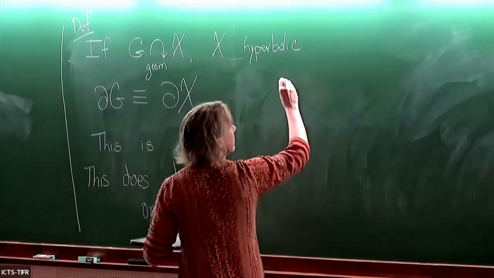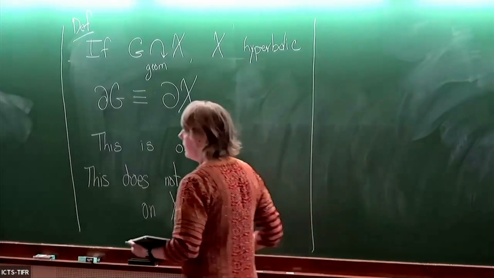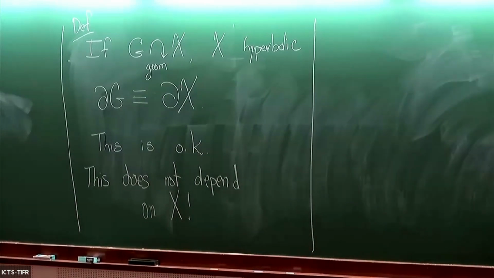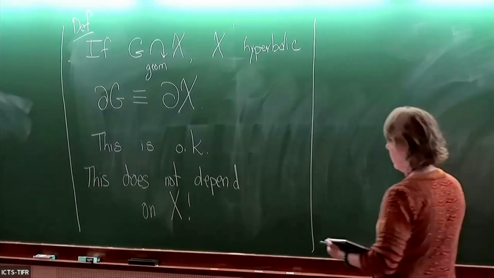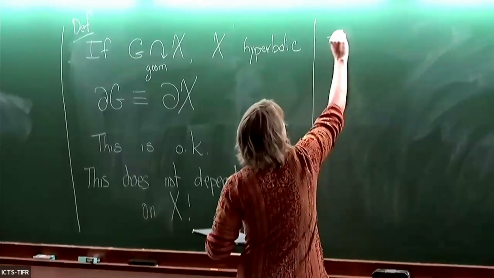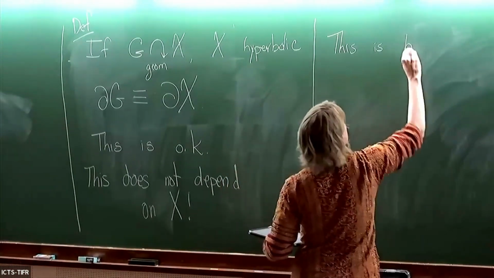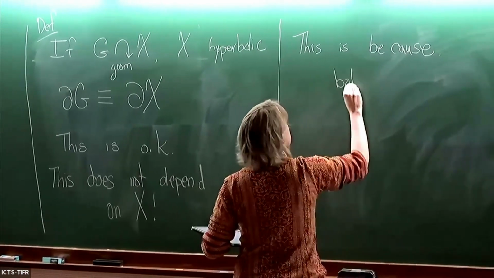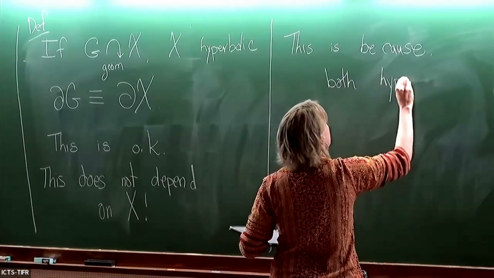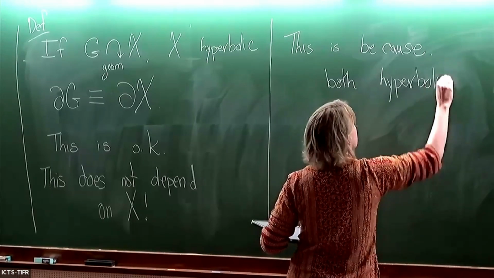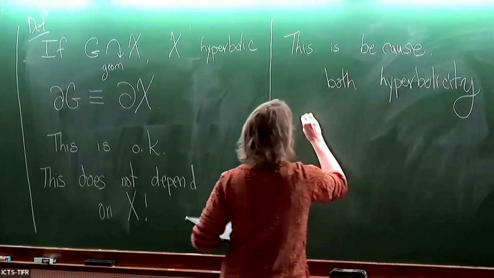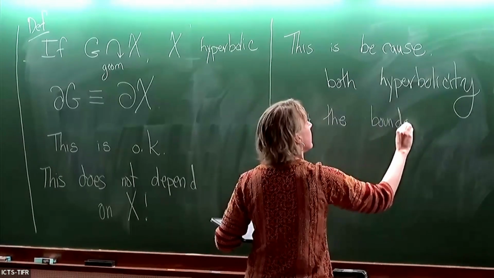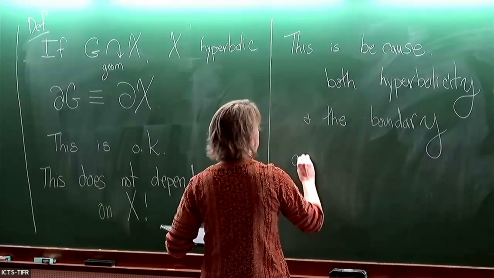The real deep reason is because both hyperbolicity and the homeomorphism type of the boundary are quasi-isometry invariants.